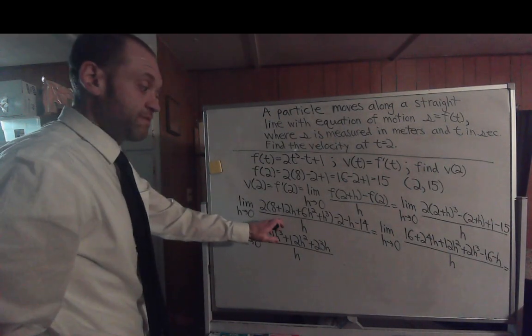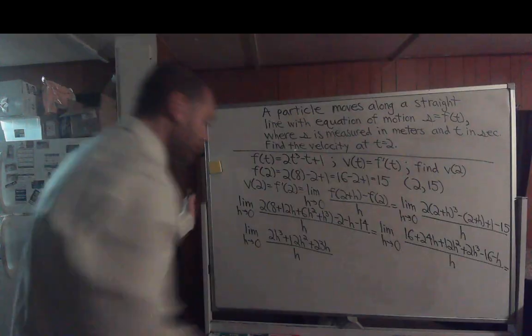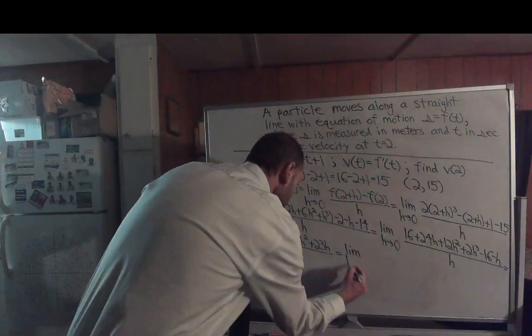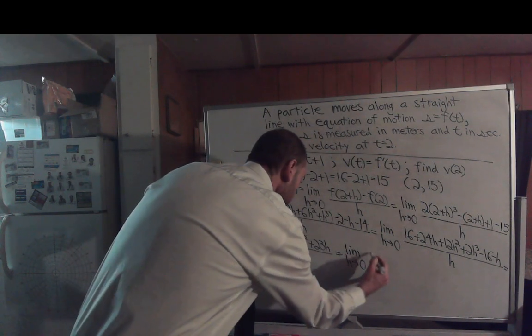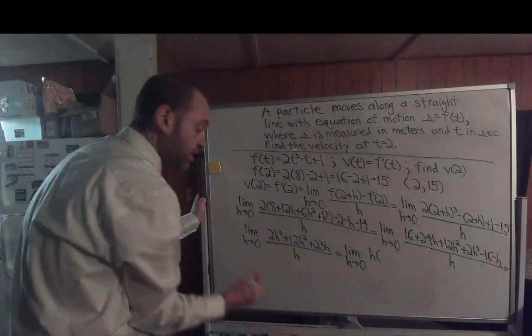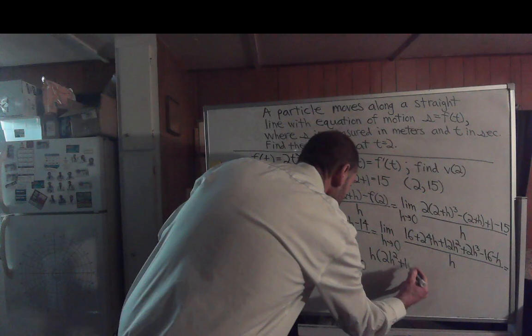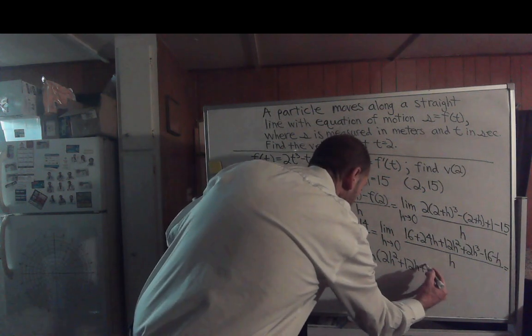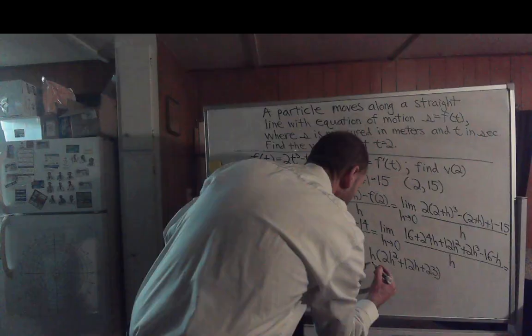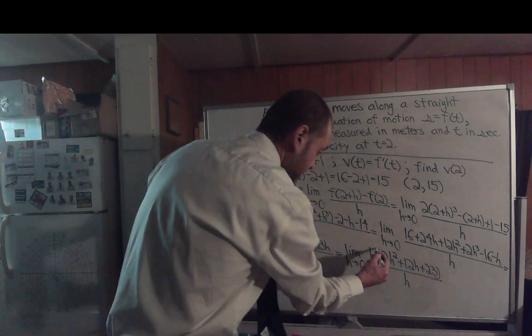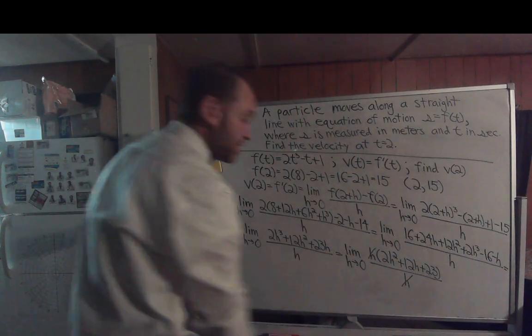Well, notice we could factor out a common h in the numerator, so this would turn into the limit as h approaches 0 of h times the quantity of 2h squared plus 12h plus 23 all over h. Now, of course, you have a common h in the numerator and denominator that cancel out.